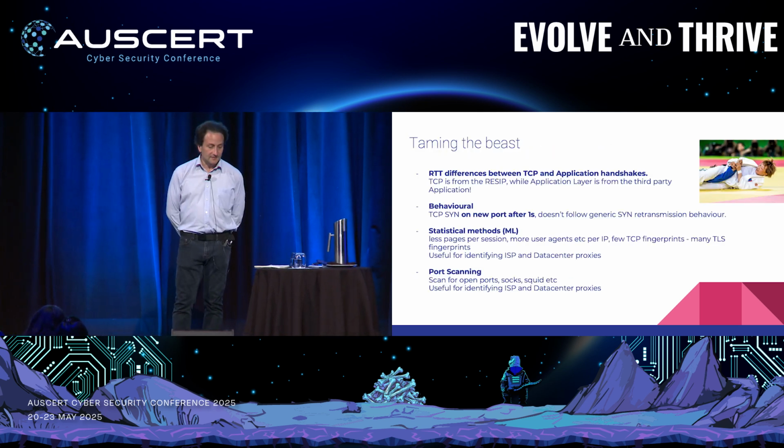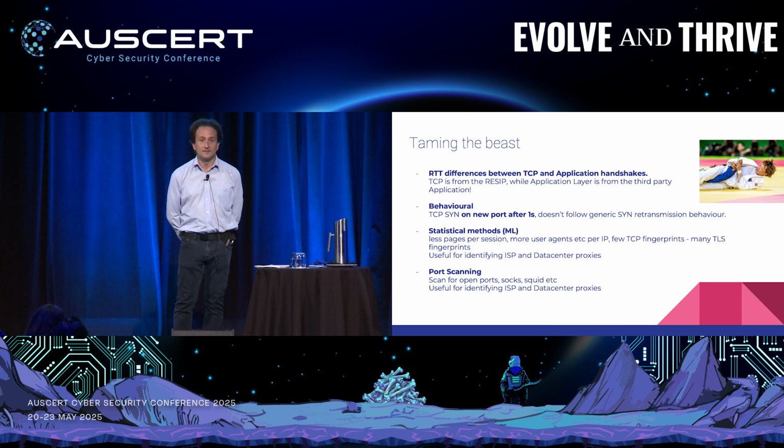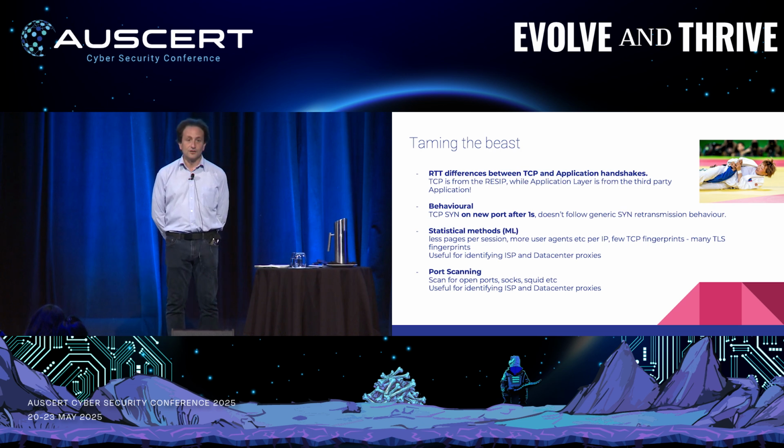How do we tame this beast? Well, if we remember back to the start of the presentation, I outlined the nature of a proxy. The TCP connection happens from the proxy to your service. However, any application layer is happening between the end device and your service, and you can leverage this information to detect it's a proxy.